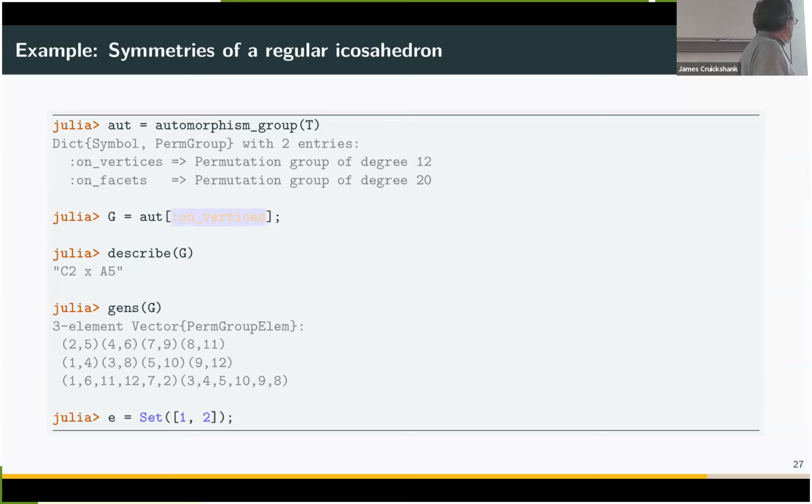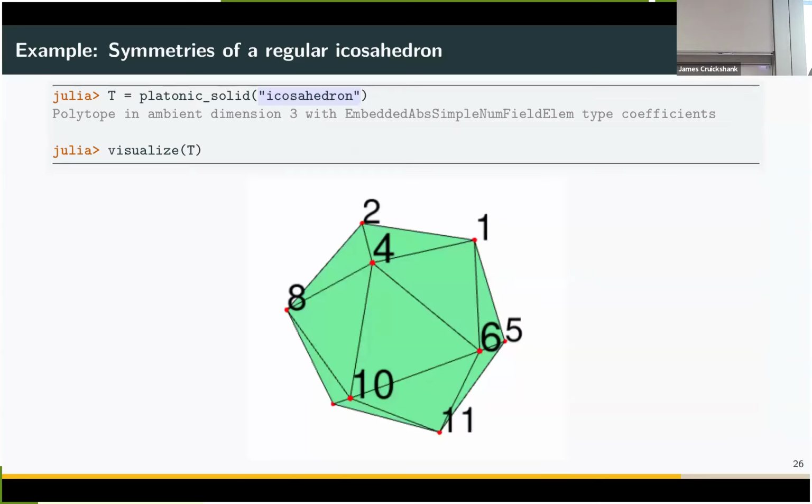Let's say we are given the action on vertices and on faces, but maybe we are interested in the action on the edges. These are the 30 edges of the icosahedron. How to get this? If we can trust the developers that they have written this permutation group in such a way that the numbers in the permutation generators correspond to the numbers here, then there should be an edge between 1 and 2.